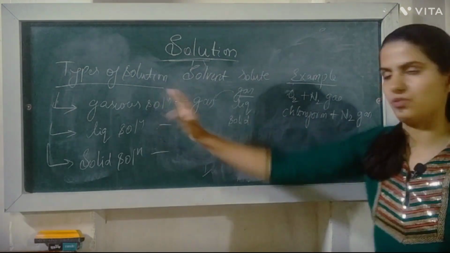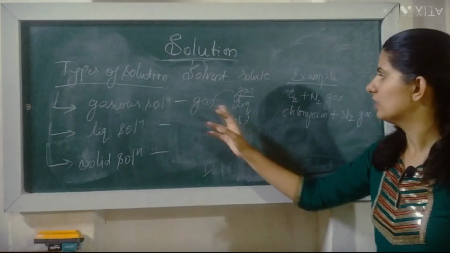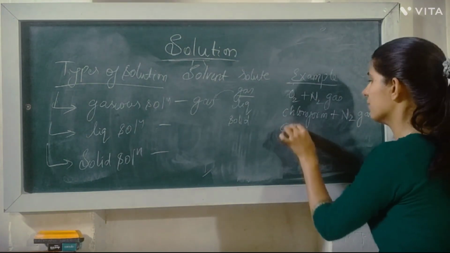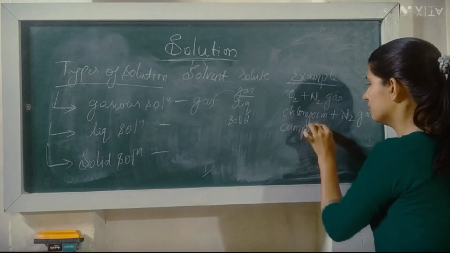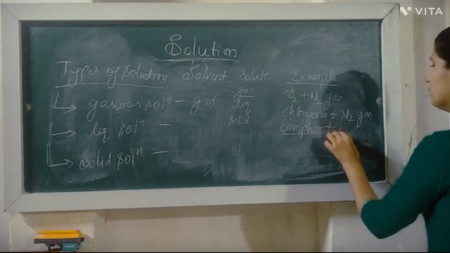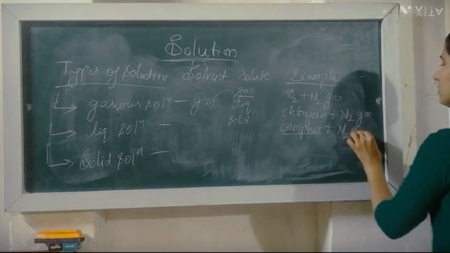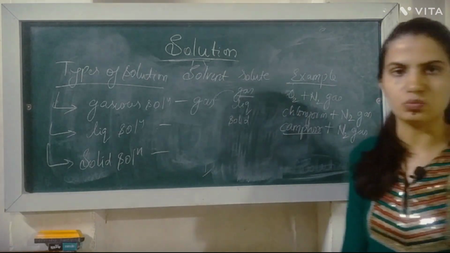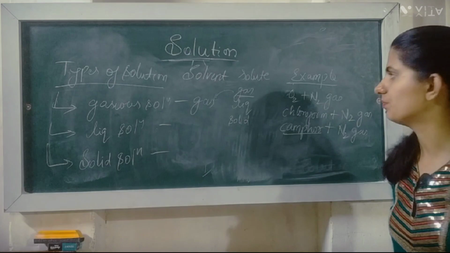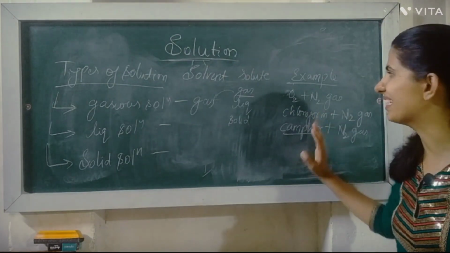Again, solid in gas. Camphor, which is solid, which is mixed with nitrogen gas. Camphor in nitrogen gas is the example for solid in a gas. So now we got the examples for the gaseous solution.